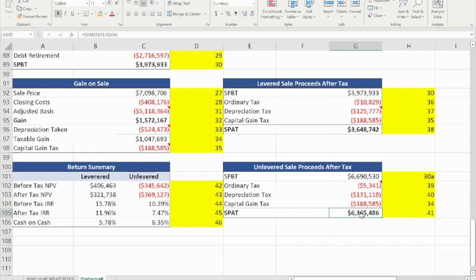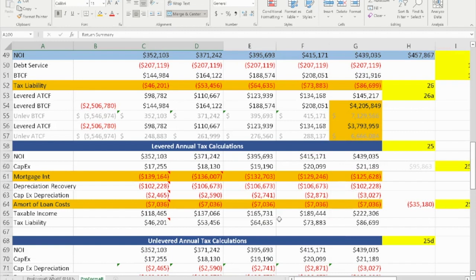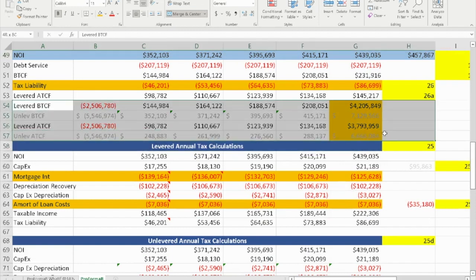Now, once you've completed this table here, the unlevered sales proceeds after tax, you can calculate the return summary. But before you do that, you would need to go back up to the very top to calculate these 4 rows that I mentioned earlier. We would calculate those last in order to do our return summary.